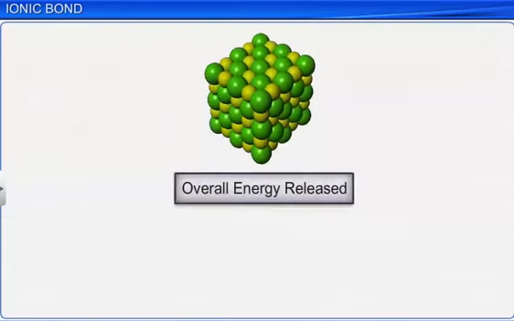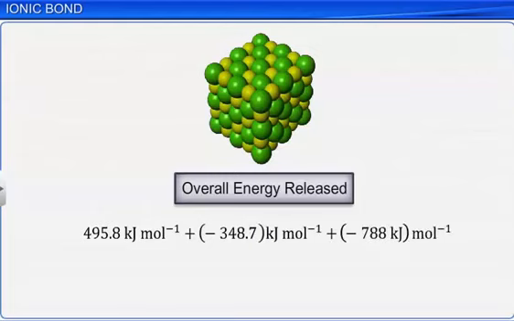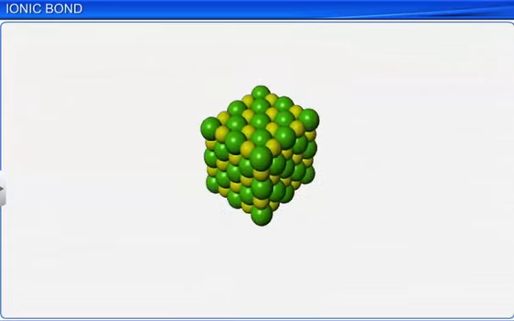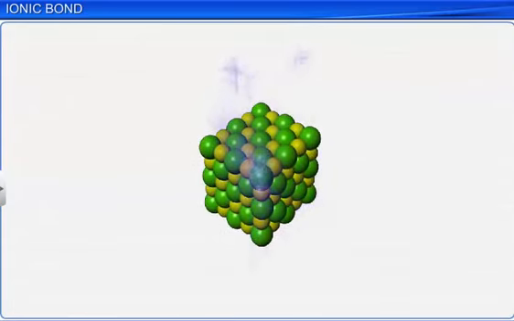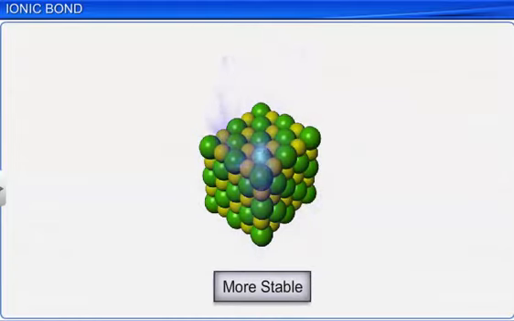The overall energy released is the sum of 495.8, minus 348.7, and minus 788, which results in minus 640.9 kilojoules per mole. Since energy is released in the process, it makes the crystal lattice more stable.